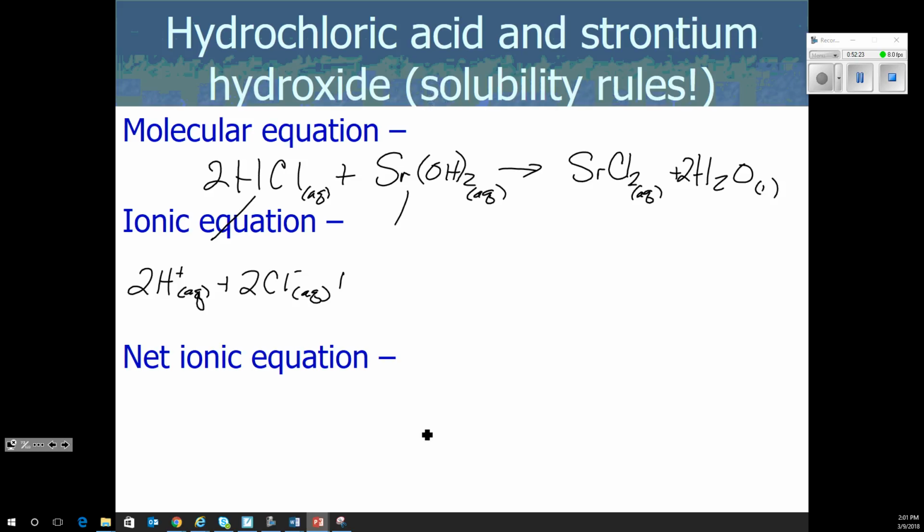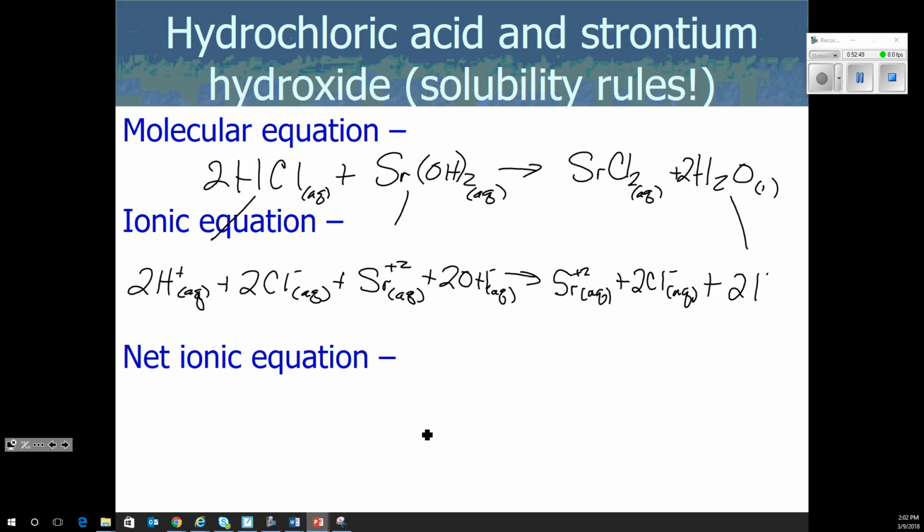This one would break down into Sr2+ aq plus 2OH- aq. On this other side, we get Sr2+ aq plus 2Cl- aq plus 2 waters that are liquid. That one does not split.